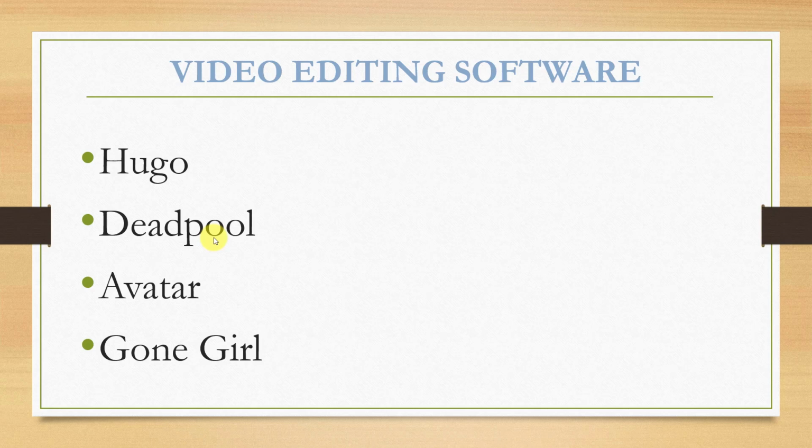We have the Avatar movie, released in 2009 and directed by James Cameron, which was also edited with Adobe Premiere Pro. And Gone Girl, one of the best Hollywood films, which received many Oscar awards, was also edited with this software, Adobe Premiere Pro. This is one of the best software right now and in the past in the industry. Let us see how to use this software in this course.